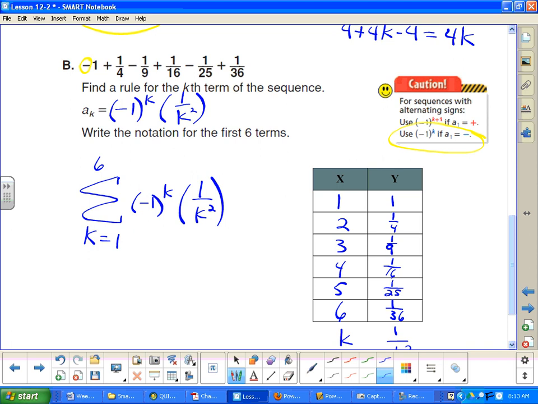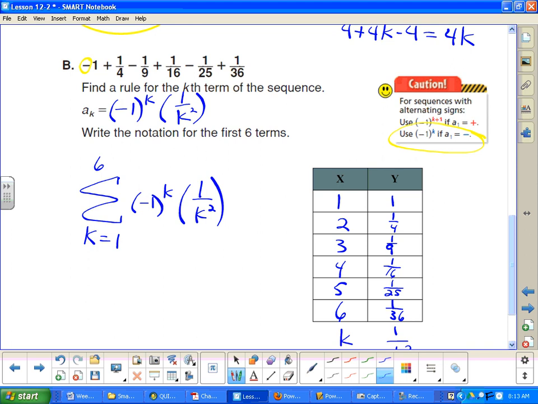Positive 1 times 1 over 4 is positive 1/4. So if the term number is odd, whenever I have an odd number that goes in here for k, we would end up with a negative value. Term 1 is negative, term 3 is negative, term 5 is negative. Terms 2, 4, and 6 are all positive. So this would produce first a negative number, then a positive, then a negative, then a positive, then a negative, and a positive.